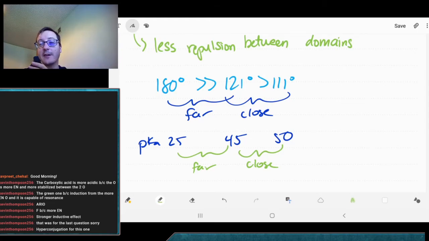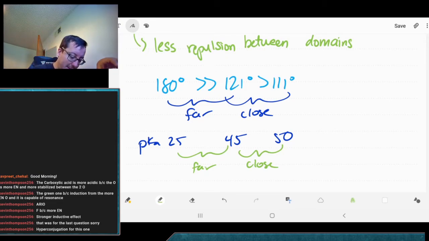And on the other side of things, we have kind of longer, more p character bonds that are going to end up bumping into things more often. And so as a result, those are going to be less stable, and therefore they're going to come from weaker acids. So that's the idea of the orbitals here.